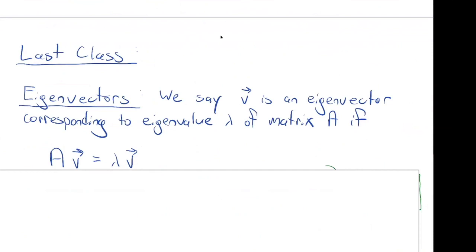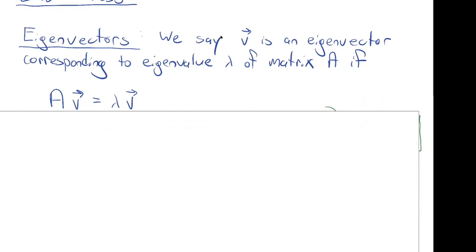The equation that an eigenvector needs to solve, first of all, is a non-zero vector that satisfies this matrix equation. In other words, multiplying that vector by the matrix A is equivalent to multiplying that vector by this scalar lambda. I want to give you a chance to make sure it's clear how to find these, and then we can talk about how we can use them.